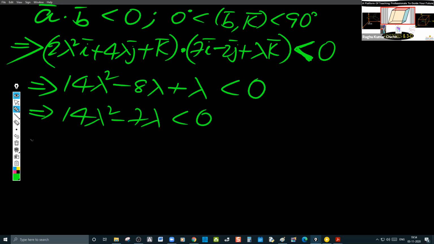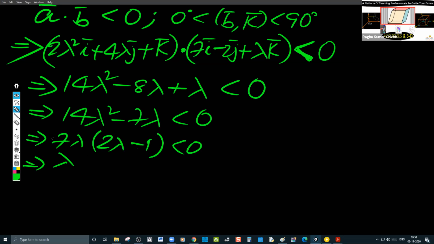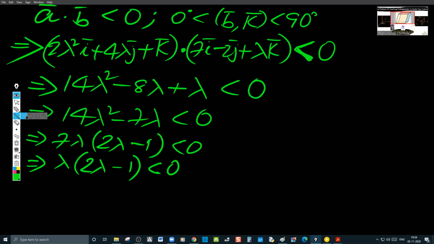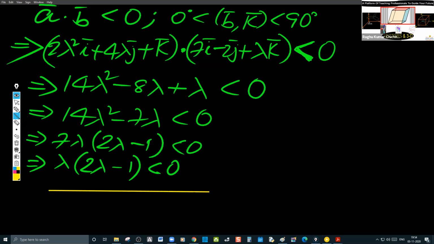Take 7 lambda common and you will have 2 lambda minus 1 less than 0, which implies that lambda into 2 lambda minus 1 less than 0.